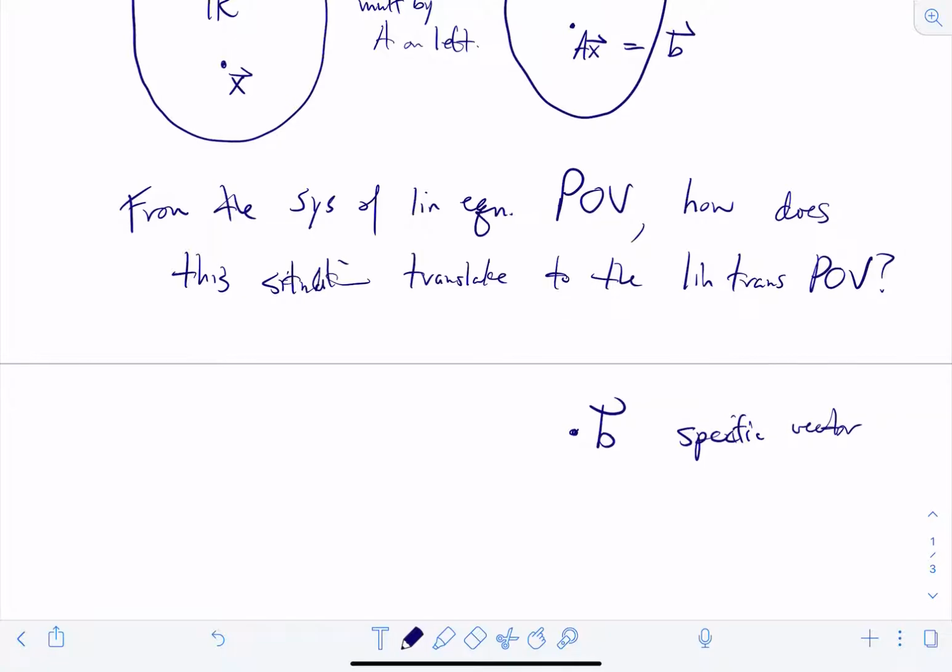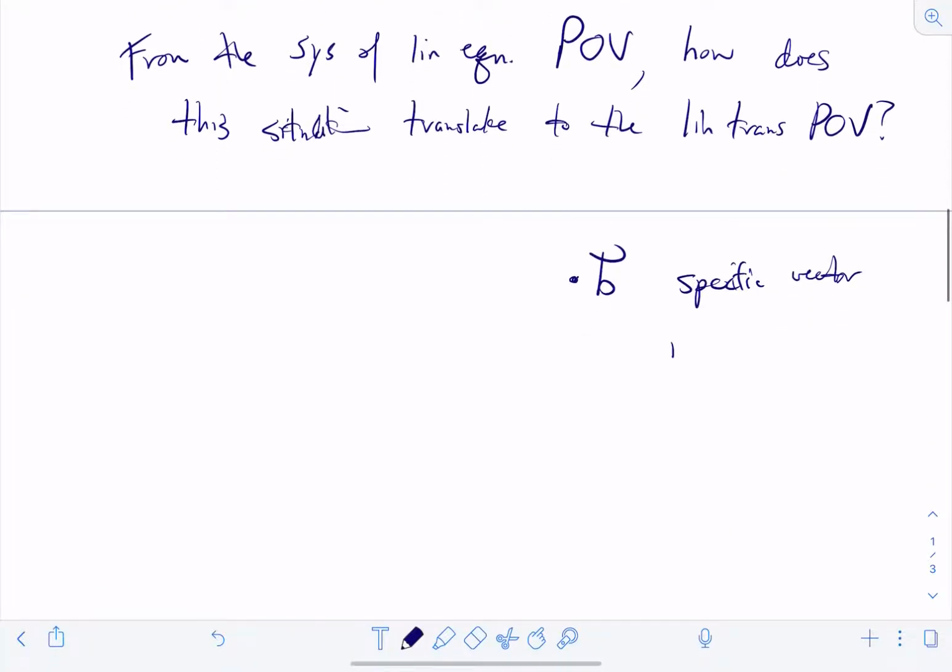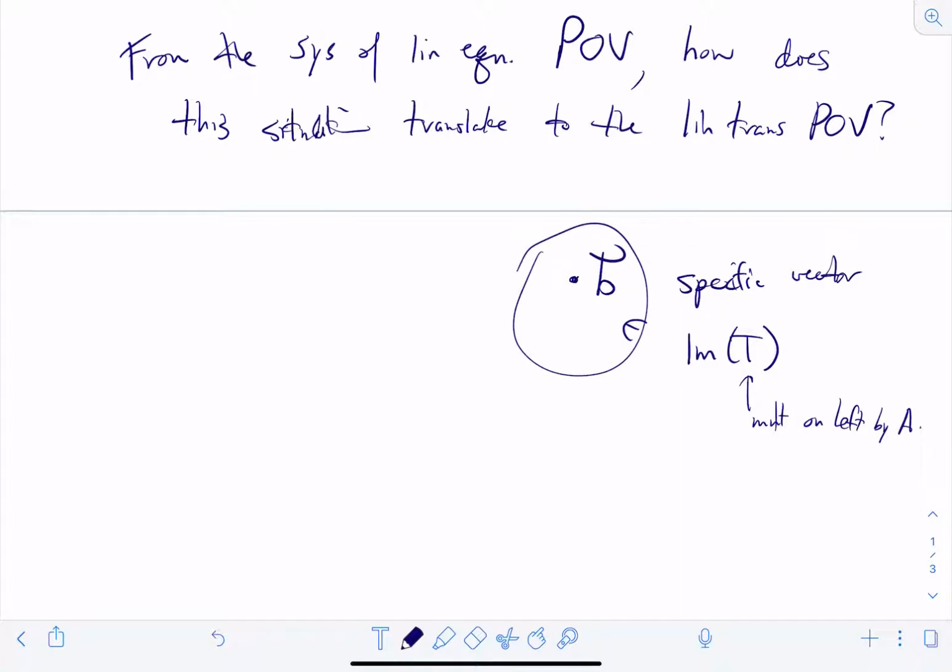This vector is in the image. So this vector is in the image of our linear transformation T, where T is multiplication by A on the left, okay? So really, when we're solving this linear system, we're saying, oh, okay, you've got something in the image.